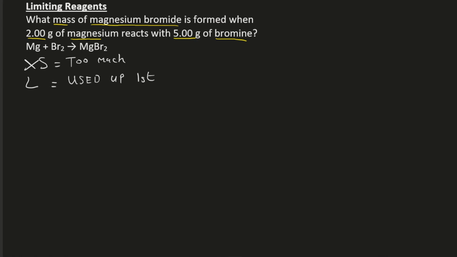So let's try and use the method whereby we have everything in our question. So I'll just write it again over here: Mg plus Br2 arrow MgBr2. The arrow tells us that something is being produced, in this case magnesium bromide, and we have the number of moles, we have mass, we have molecular mass, and we have is it limiting or is it in excess, and that's what we're going to find out.